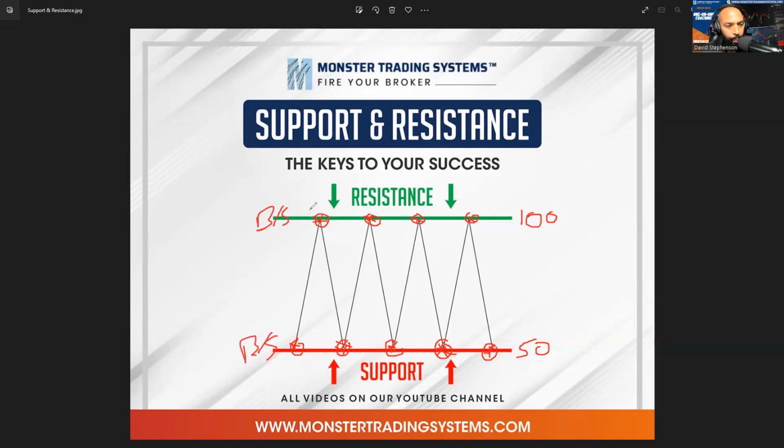So we've got buyers and sellers waiting here at that $100 mark. The buyers are looking to push the price higher above resistance, and the sellers, who we call sellers or shorts, are looking to push the price lower back to $50.